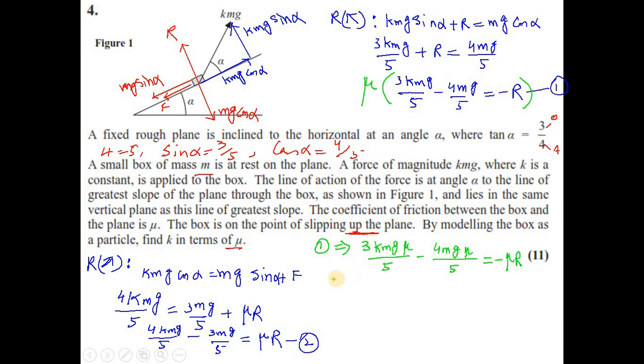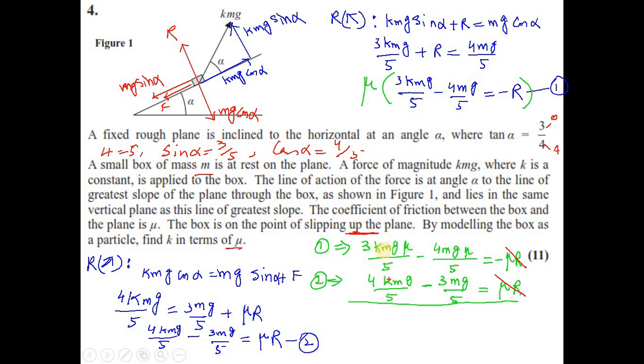And then you can add equation number 2 underneath. Equation 2 is 4kmg upon 5 minus 3mg upon 5 is equal to mu R. And if you add, you can cancel minus mu R and mu R, and then see what is left.